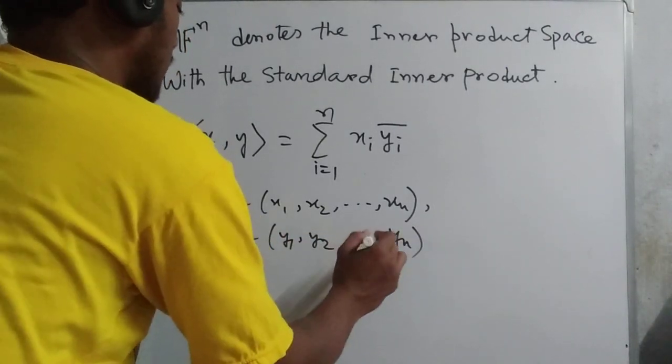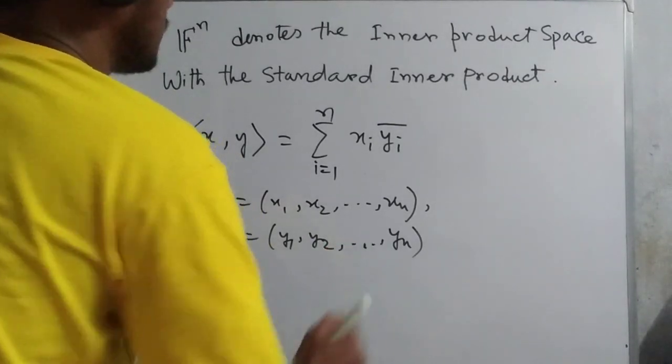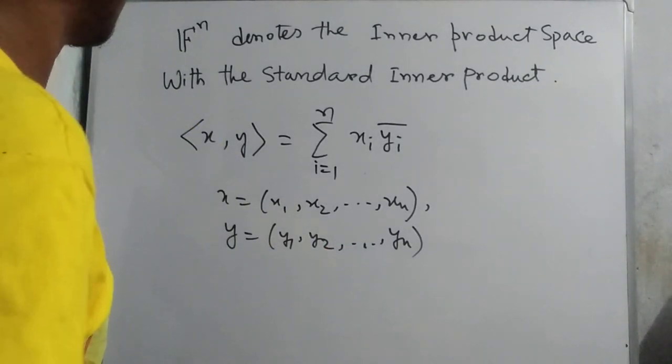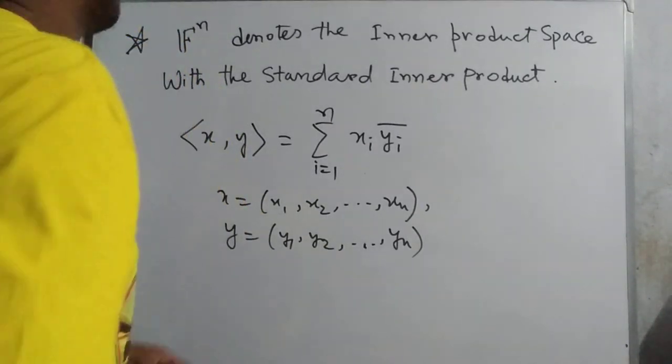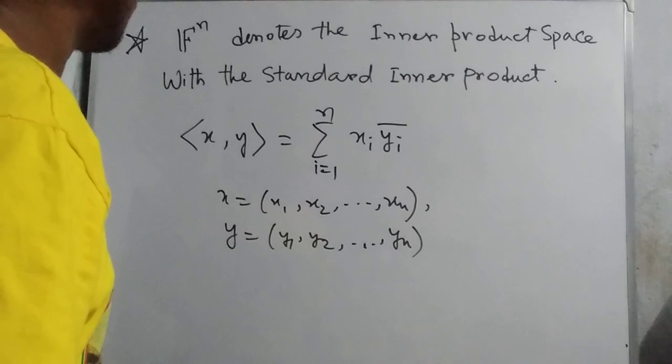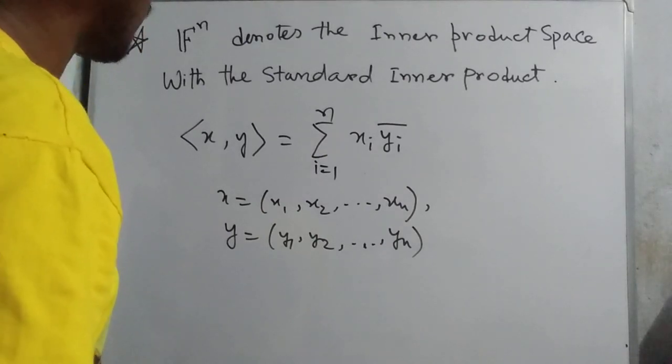Understood? Not a problem at all. So this one is too easy. We also discussed this one so easily. Fn denotes the inner product space with the standard inner product.